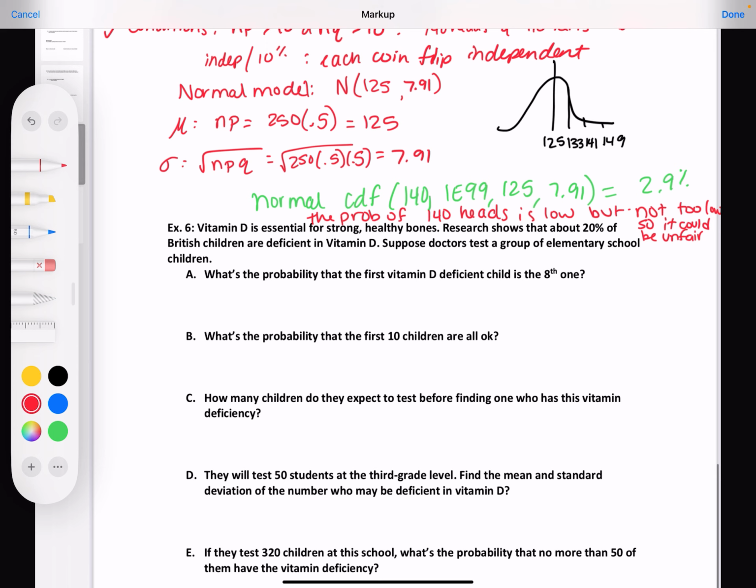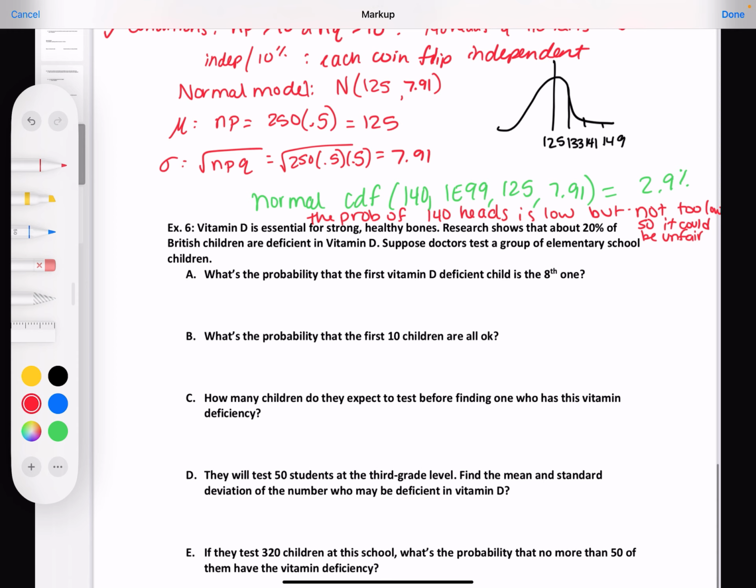So, next, vitamin D is essential for strong, healthy bones. Research shows that about 20% of British children are deficient in vitamin D. Suppose doctors test a group of elementary school children. What's the probability that the first vitamin D deficient child is the 8th one? Any ideas on how to set this one up? You can tell me the calculator way or the non-calculator way.